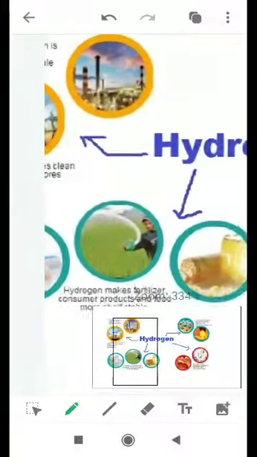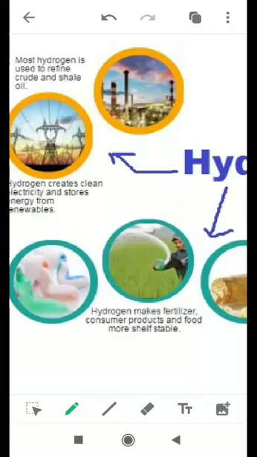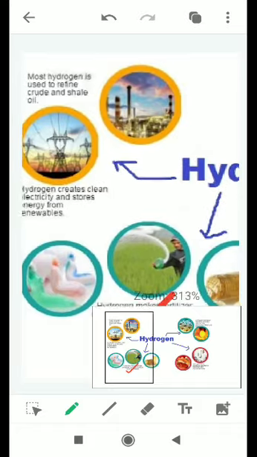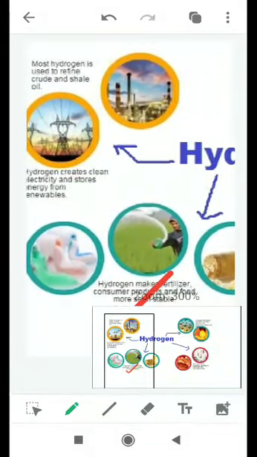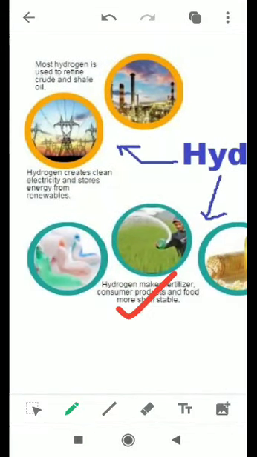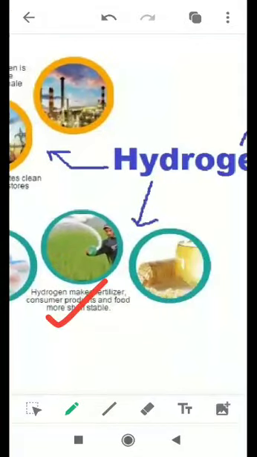Now next is the use of hydrogen. Hydrogen is used in the manufacture of various things, like urea.